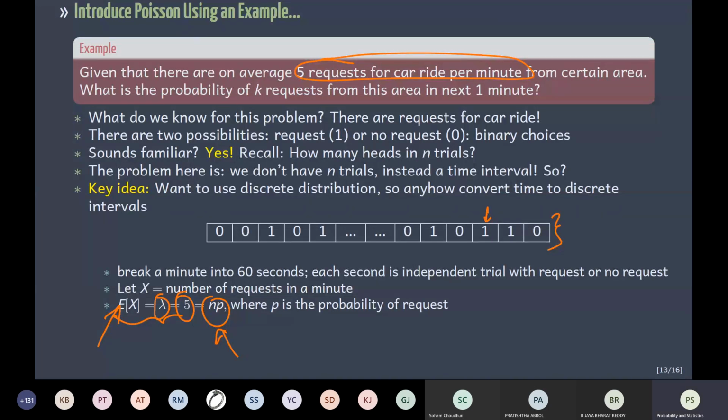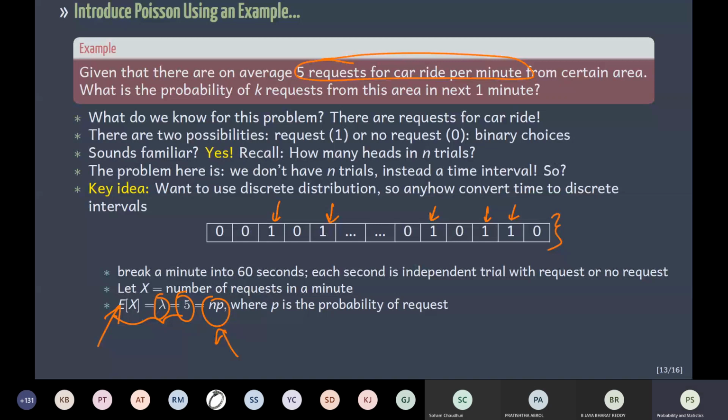Is n the number of trials? No, n has to be the number of requests, because it's like asking how many heads I get in, let us say, k trials.